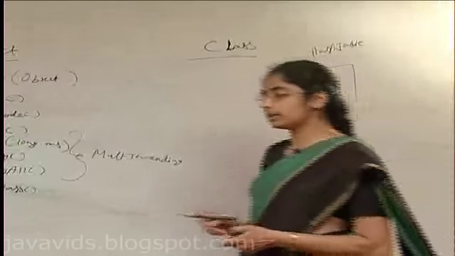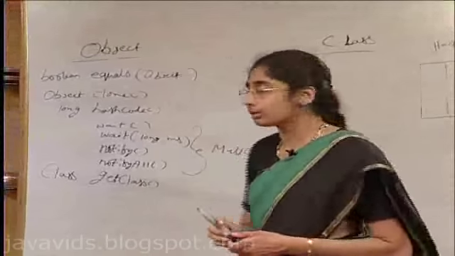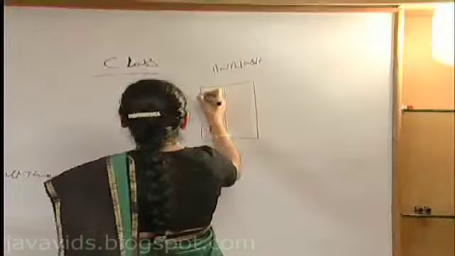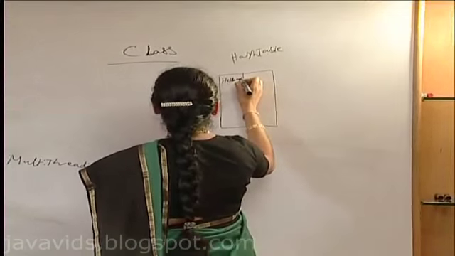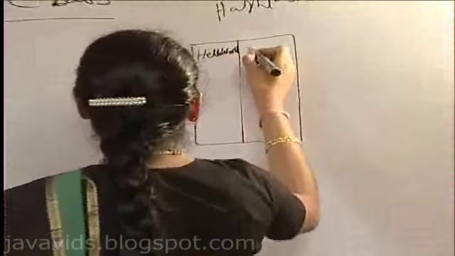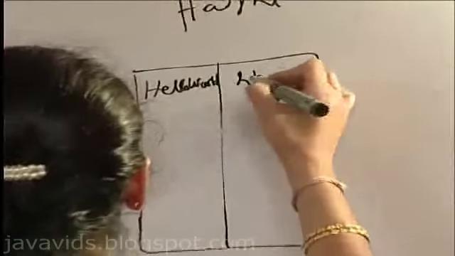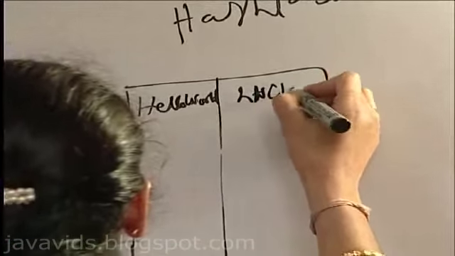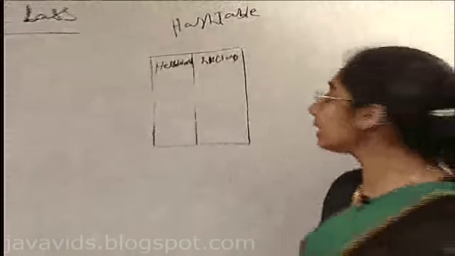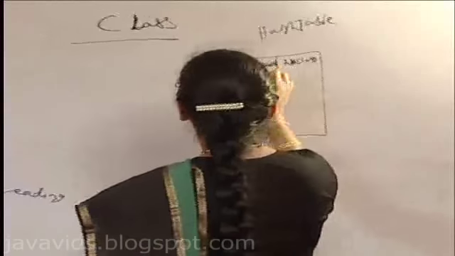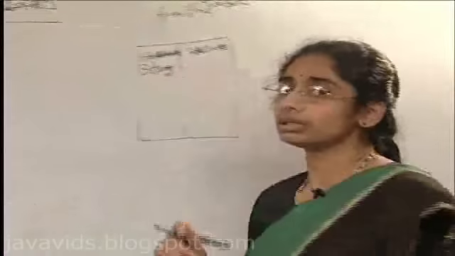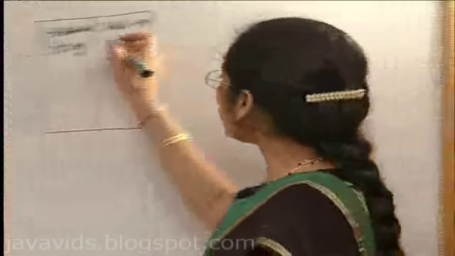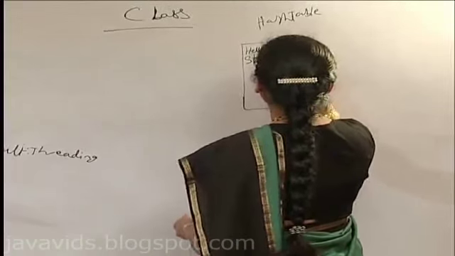So let's take the case of your Hello World program. Hello World is loaded into the JVM. For Hello World, a class object, let's say HW class, is created. Your Hello World class is making use of the string class, so the string class has to be loaded, and for the string class a class object is created.